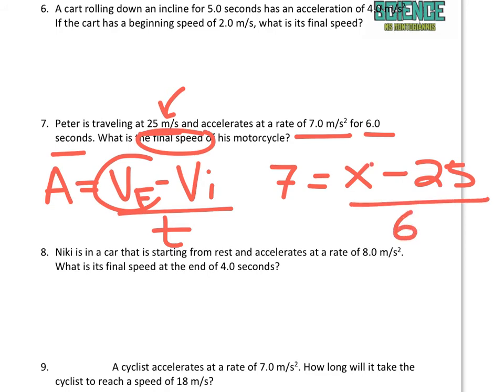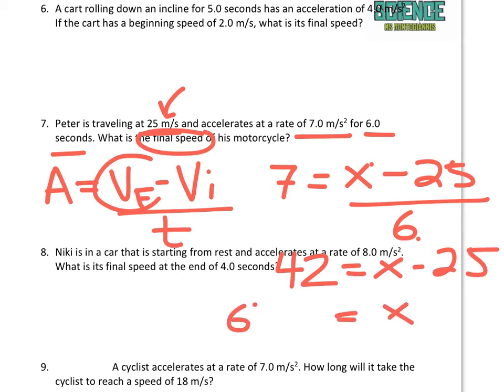So we solve for x here using algebra. 7 times 6 is 42, equals x minus 25, and x is equal to 67 meters per second. So 67 meters per second was the final speed. He started at 25, and every second his speed went up by 7. This is what this means.